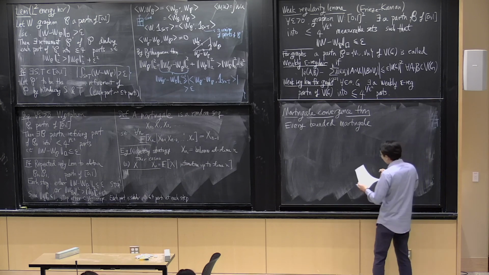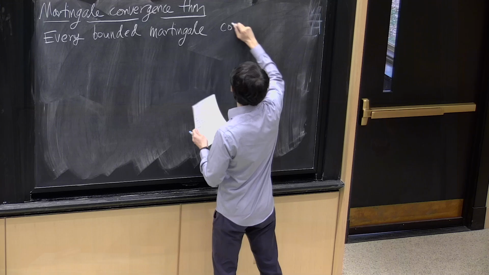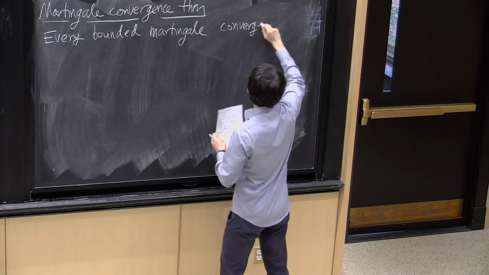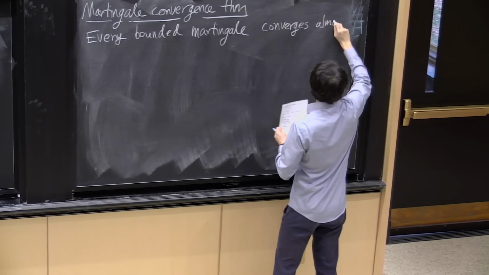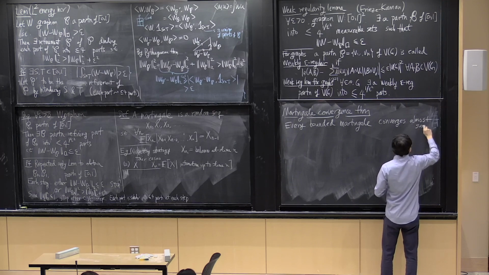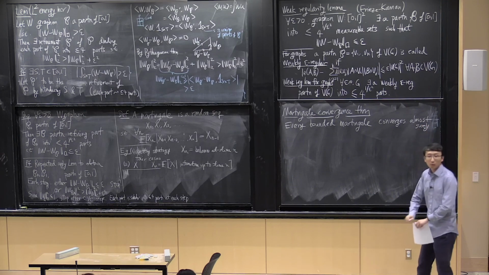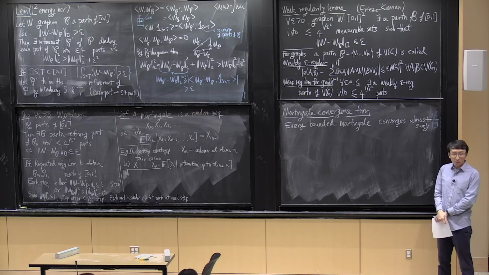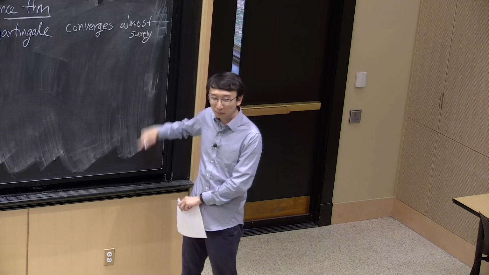Okay, so every bounded martingale converges almost surely. You cannot have a martingale which you expect to constantly go up and down.